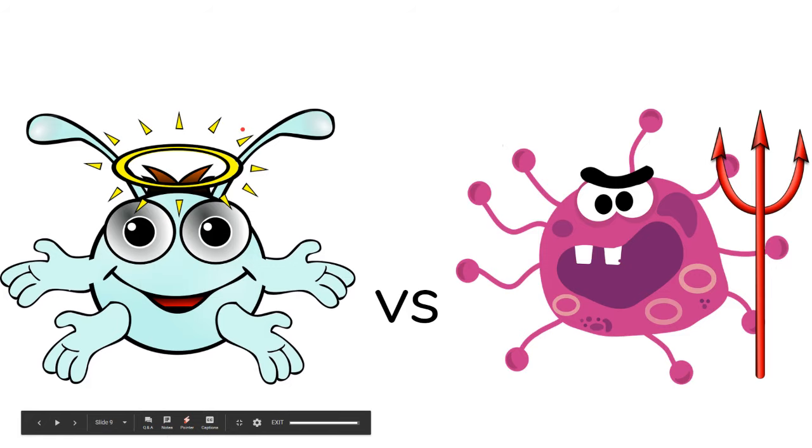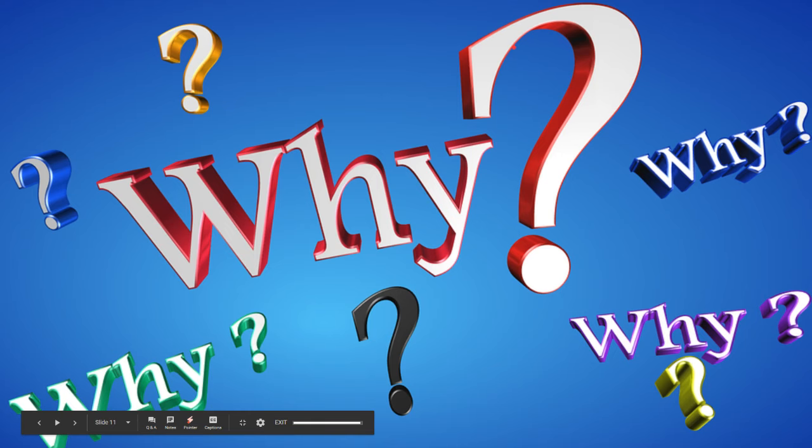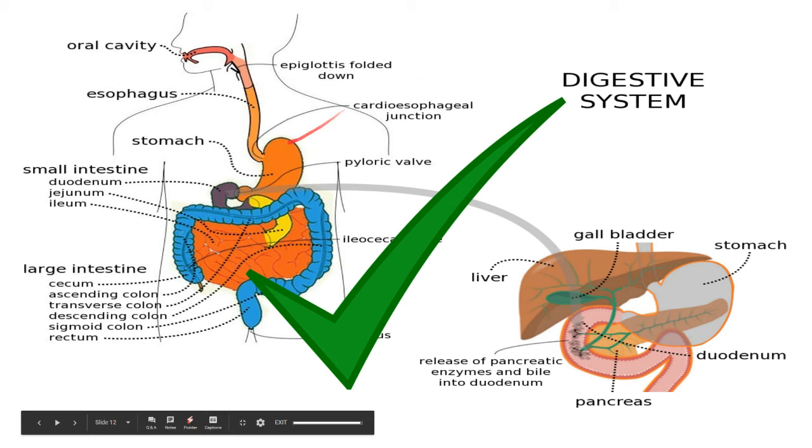All right, moving on. Bacteria can be good and bad. It doesn't have to be bad all the time. It can be good or bad, depending on the situation. For example, E. coli can be good or bad. E. coli can be good because it can be found in the digestive system, and it helps you digest food, which is a very good thing.